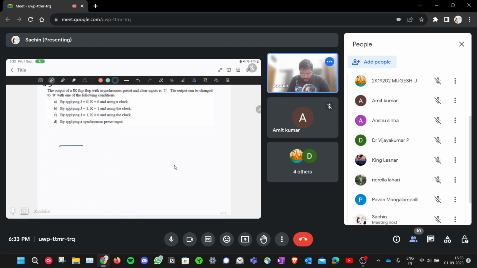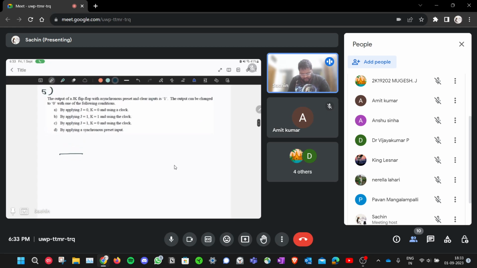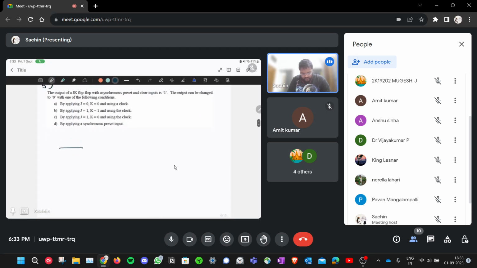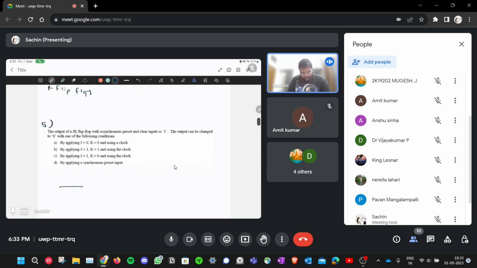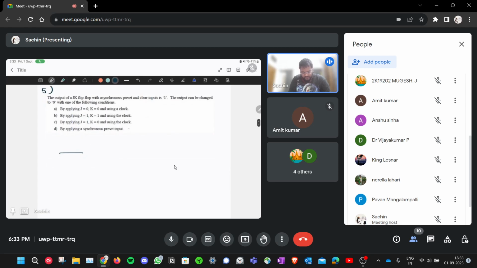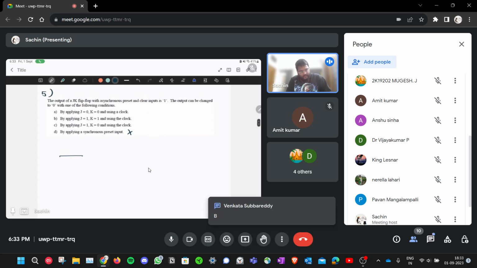Option D is not correct because it's saying you have to apply a synchronous preset input, but the flip-flop has an asynchronous preset and clear. So this is wrong outright. And then it must be one of the options A, B, or C, and they're given 3 combinations.